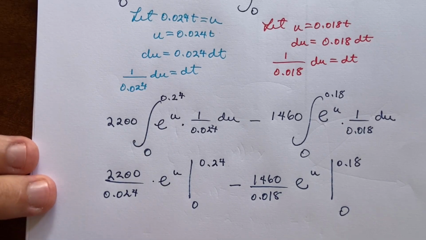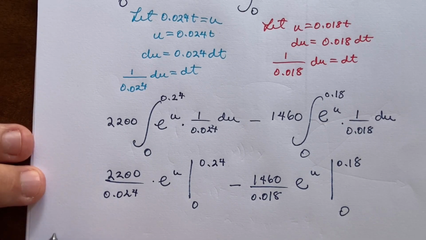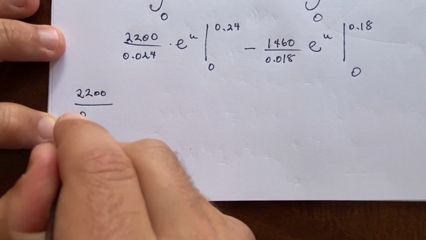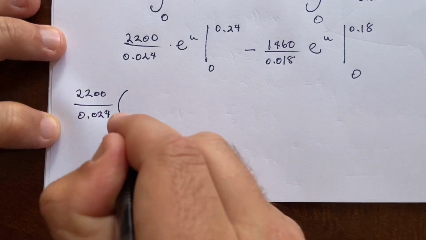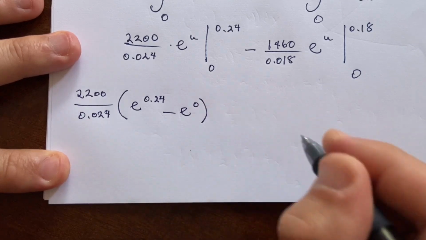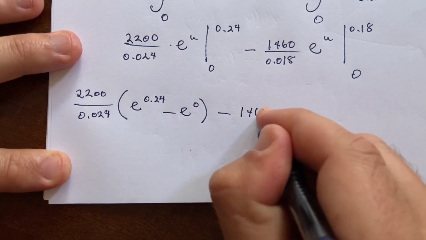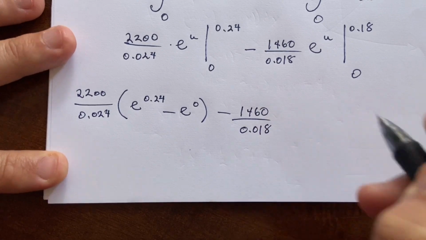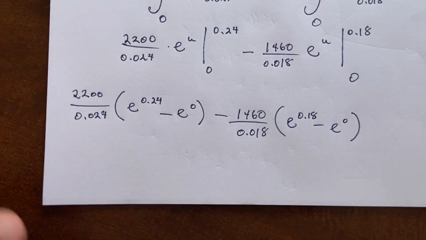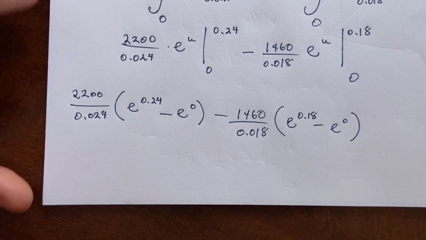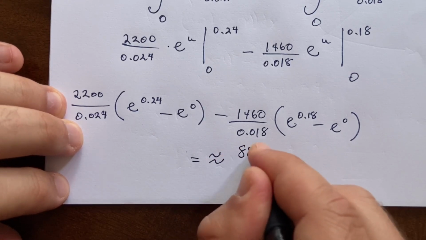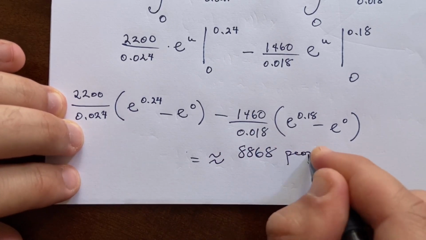Now actually plugging in, we have 2200 over 0.024 times (e to the 0.24 minus e to the 0), minus 1460 over 0.018 times (e to the 0.18 minus e to the 0). And this is about 8868, and this is people.